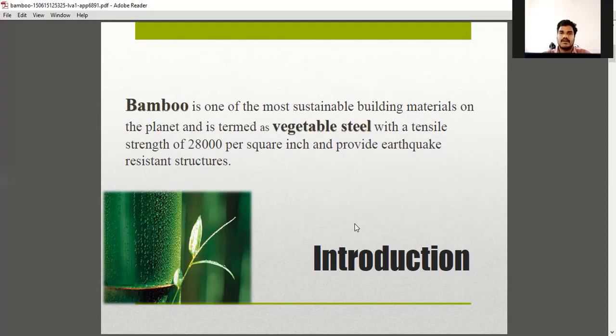So, only the comparison between steel and bamboo. And this bamboo has a tensile strength of 28,000 pounds per square inch and provides an earthquake-resistant structure. It means even if an earthquake happens, no damage happens to the bamboo.